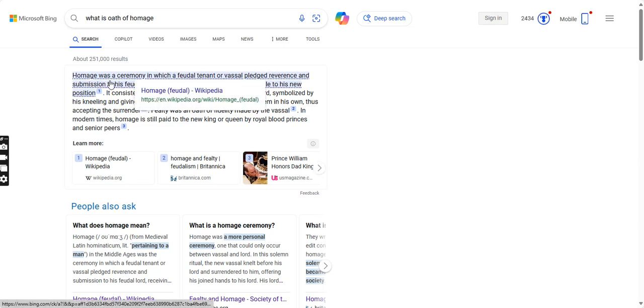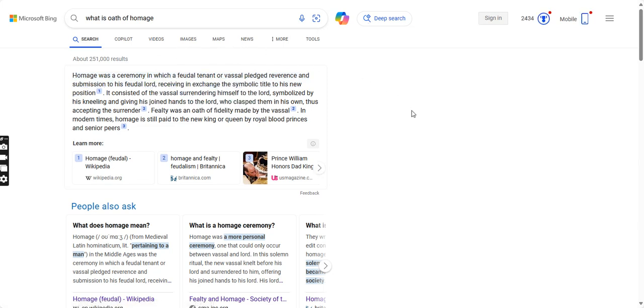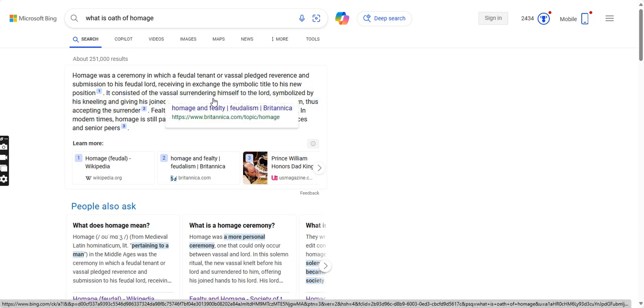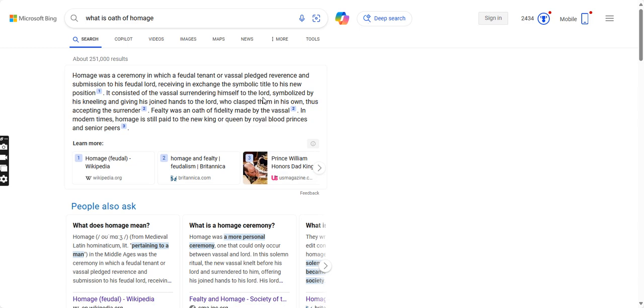Homage was a ceremony in which a feudal tenant or vassal pledged reverence and submission to his feudal lord, receiving in exchange a symbolic title to his position. It consisted of the vassal surrendering himself to the lord, symbolized by his kneeling and giving his joined hands to the lord, who clasped them in his own, thus accepting the surrender.